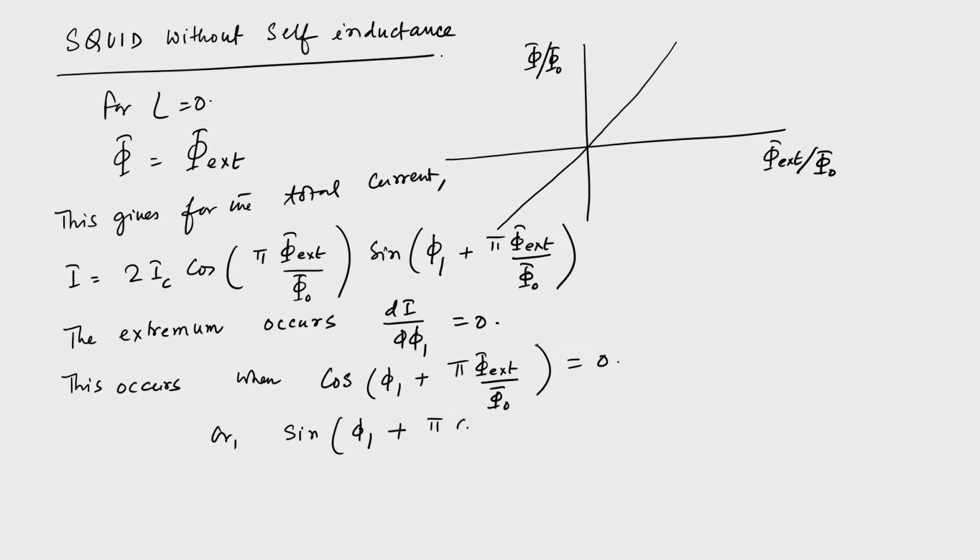It is equal to 1 or plus minus 1. So, this gives of course the I max, which comes from the extremum condition, and the maximum here is 2 I c cosine of pi phi external by phi 0.